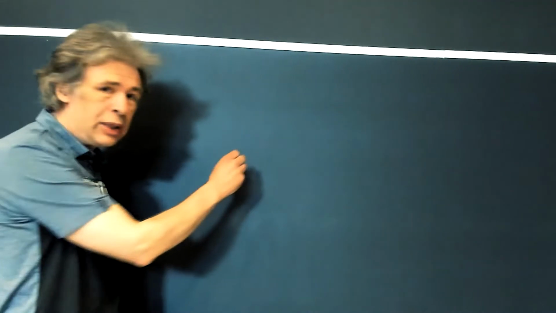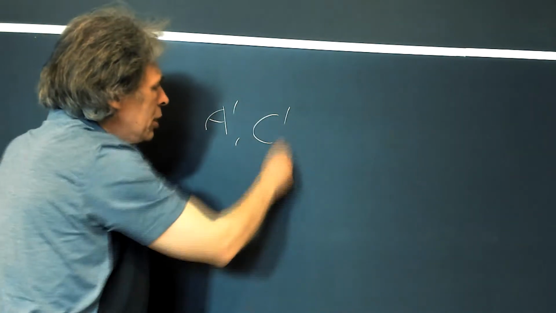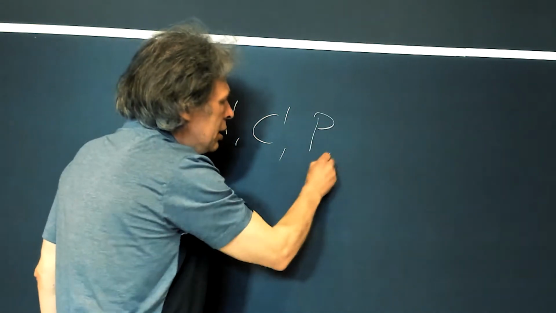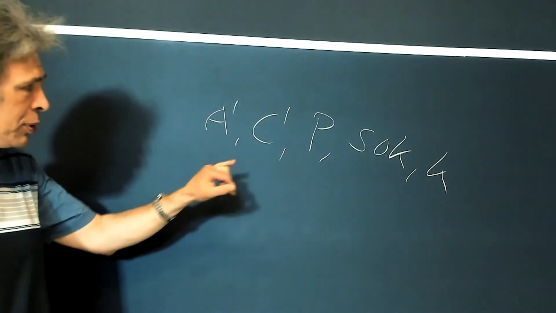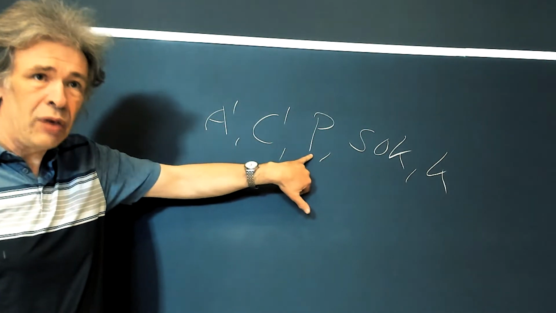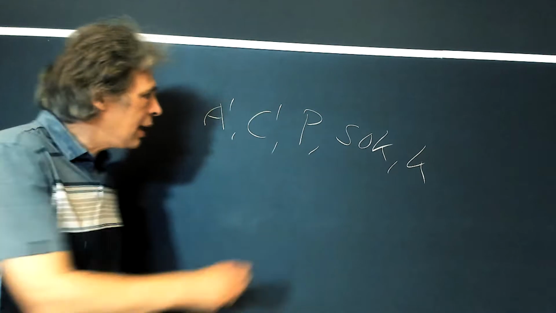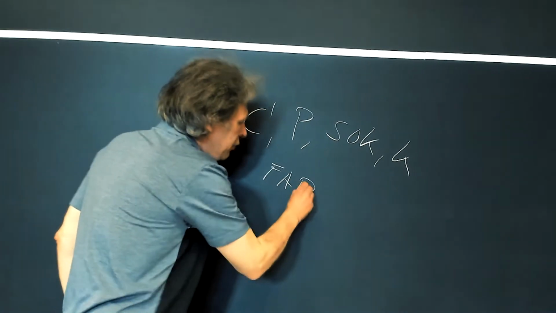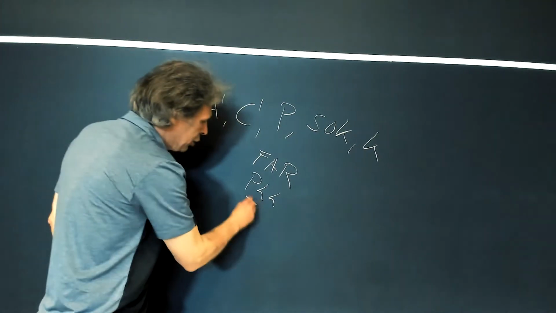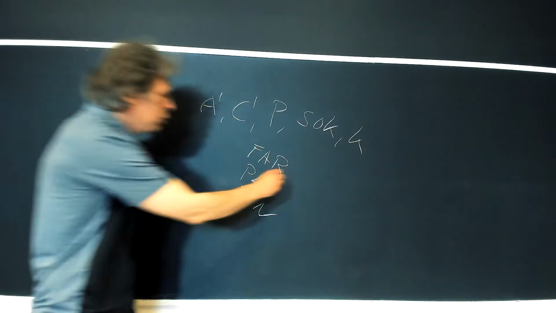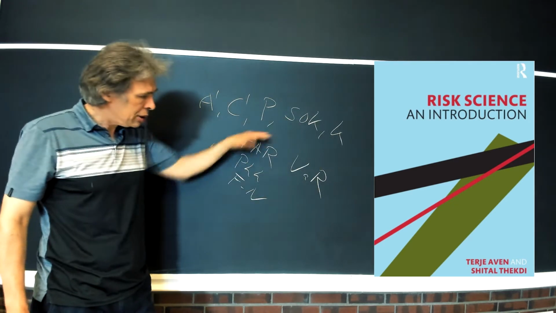Remember how we are describing risk by A-marked, C-marked, probabilities, strength of knowledge, and the knowledge K. Very often the risk assessment is based on quantification of risk using probabilities and related metrics like FAR, fatal accident rate, PLL, potential loss of life, FN curves, and value at risk. I refer to the book for more information about these metrics.